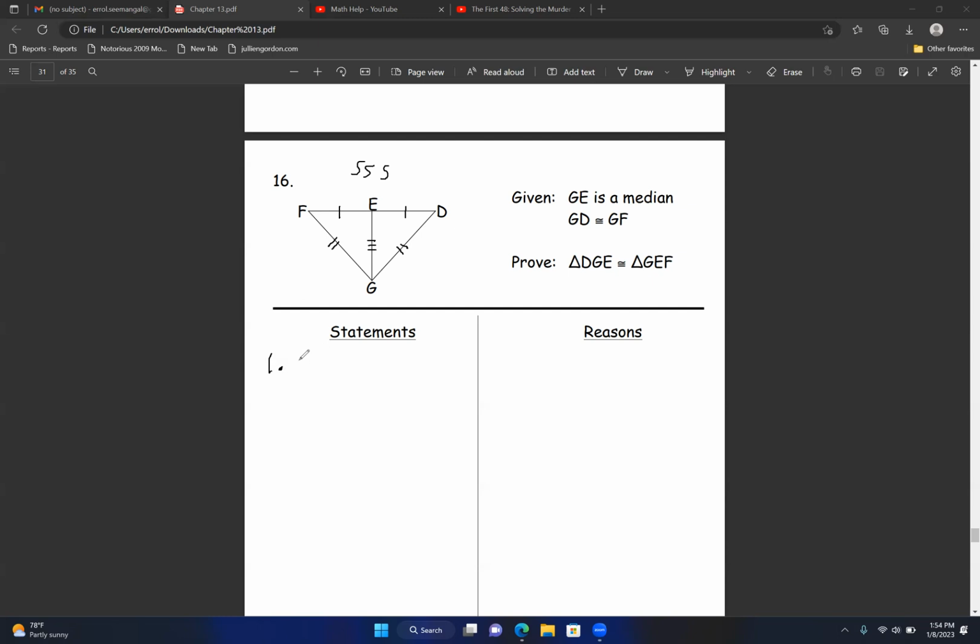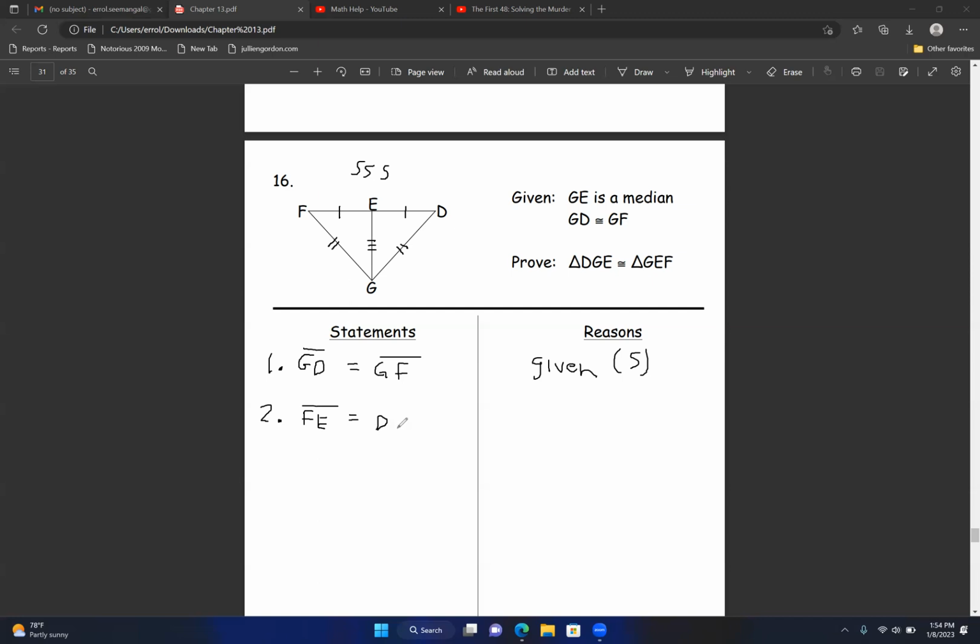GD equals GF. What's the reason? Given. That's your first side. Second one: FE equals EG.